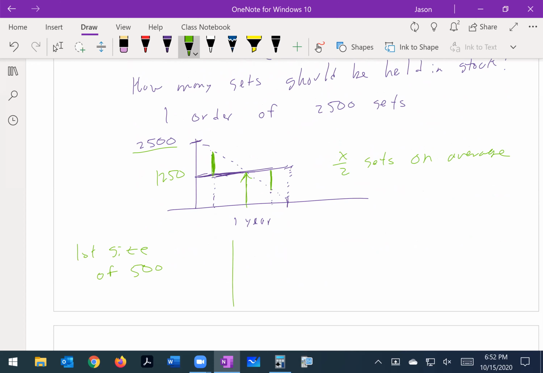That means I would have to have 5 orders of 500, because 2,500 divided by 500 is 5. This is the number of reorders. Call that N.